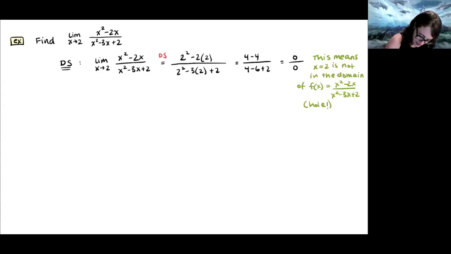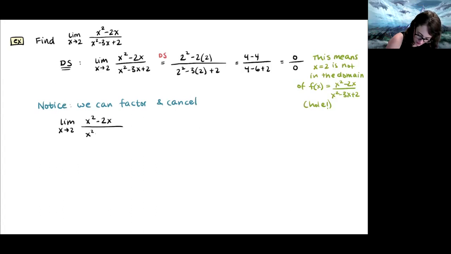Okay, so let's note that we can factor and cancel. So, the limit as x approaches 2 of x squared minus 2x over x squared minus 3x plus 2. That's just what we started with.